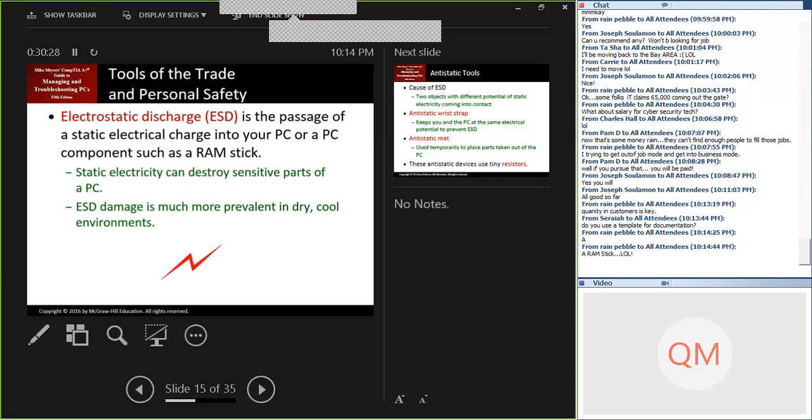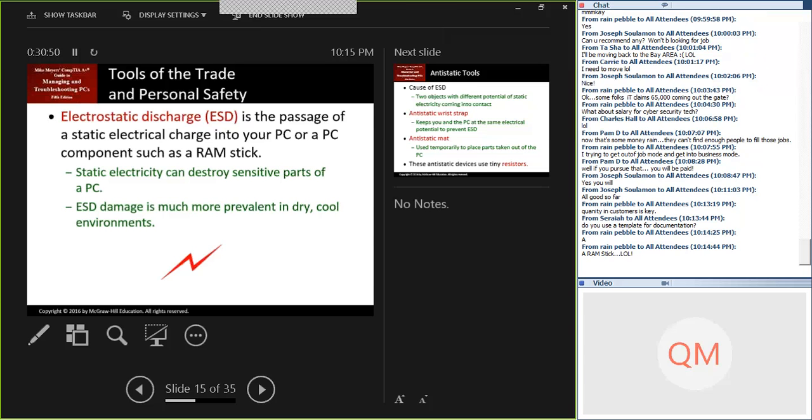Yep. So, a lot of things when it comes to this, and everybody should be reading this chapter, even though you guys will shoot for reading the next chapter for the next class, but you need to read in detail about ESD, and the ESD happens more in dry, cool environments.